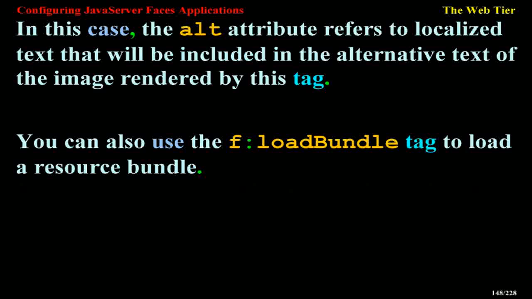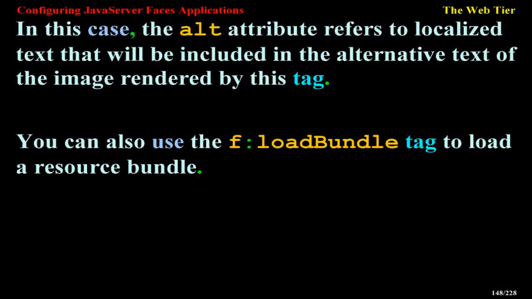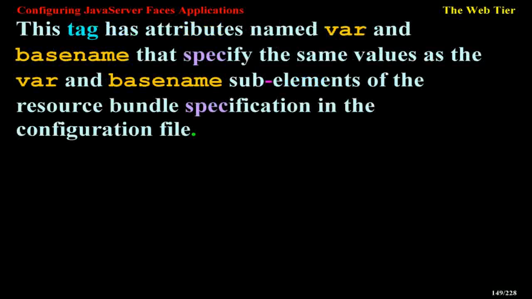In this case, the alt attribute refers to localized text that will be included in the alternative text of the image rendered by this tag. You can also use the f:loadBundle tag to load a resource bundle. This tag has attributes named var and basename that specify the same values as the var and base-name sub-elements of the resource-bundle specification in the configuration file.